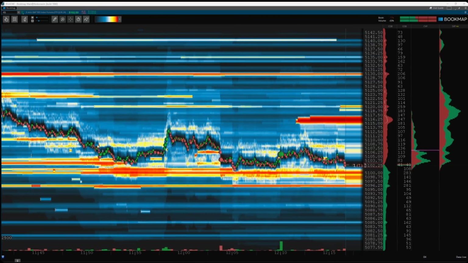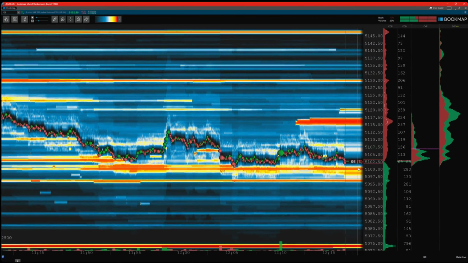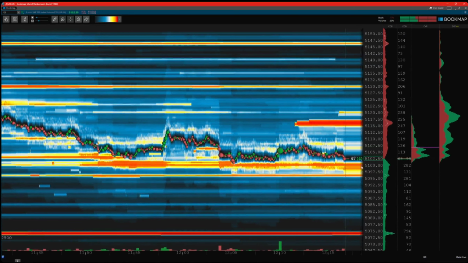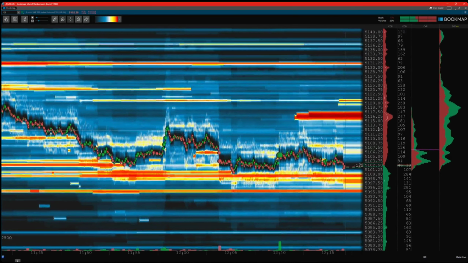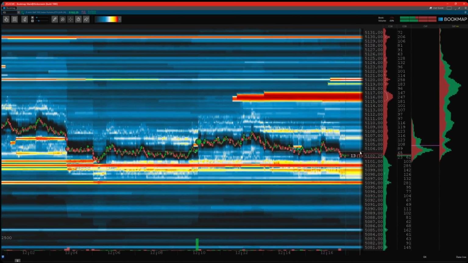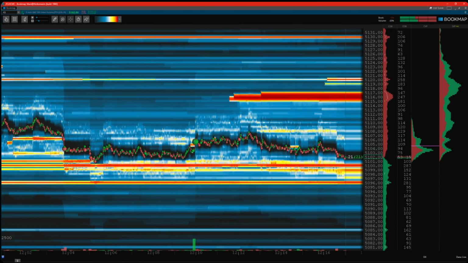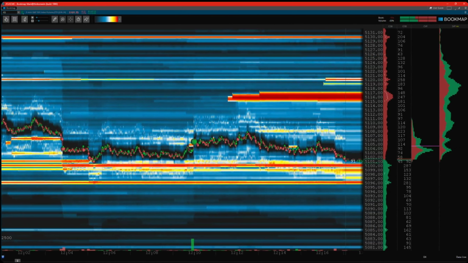Okay, but what is the order flow telling you? The liquidity. And remember, gamma, depending on where it's at, even if it's a negative gamma state, it can still act either as a magnet or as a repellent.